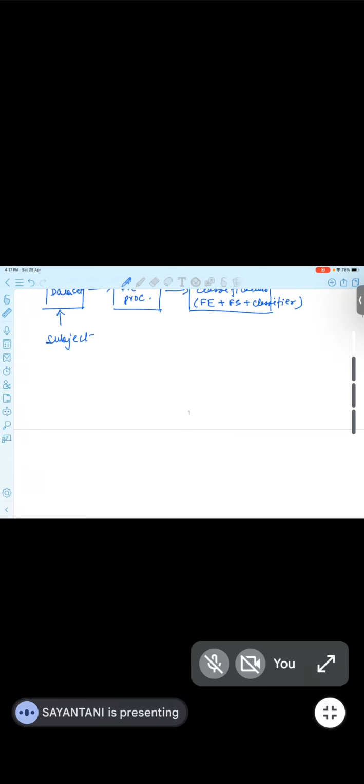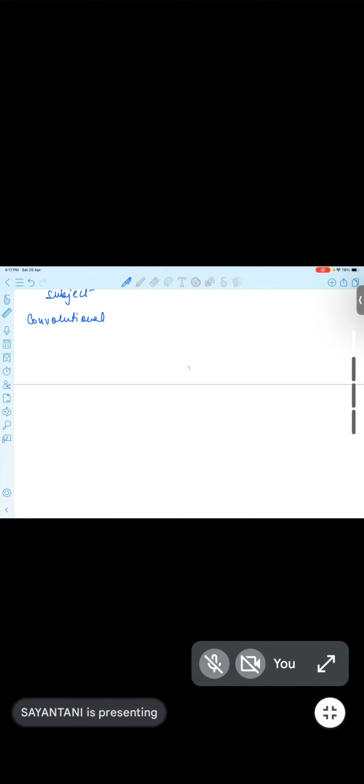Okay. Now, there are numerous deep learning based classifiers, but we are going to study the most popular one, which is referred to as a convolutional neural network, also abbreviated as CNN.